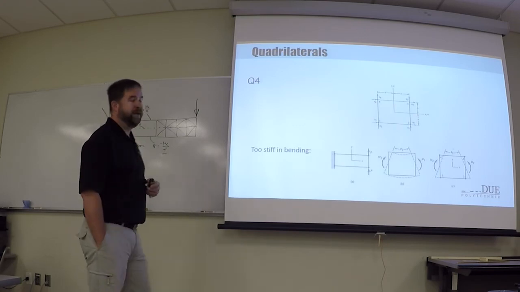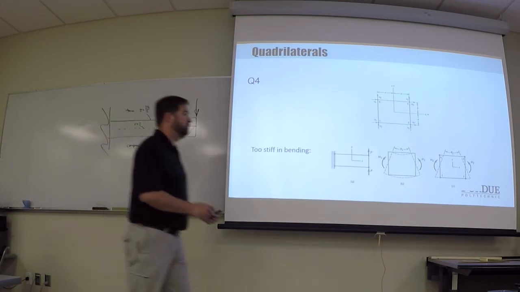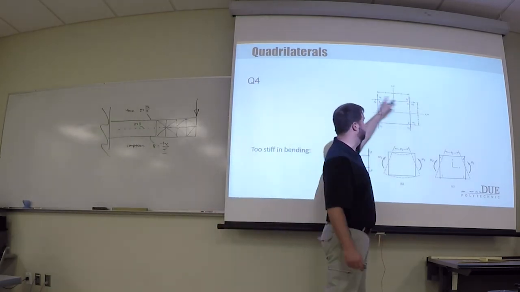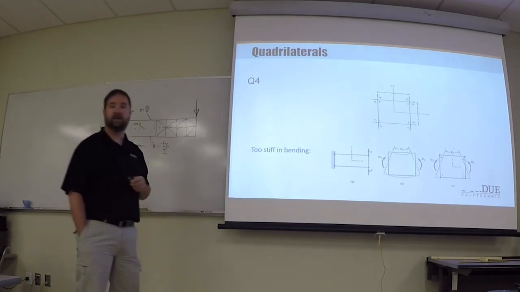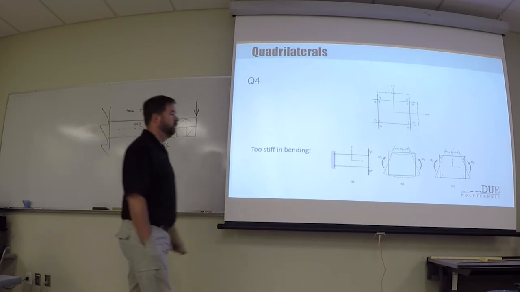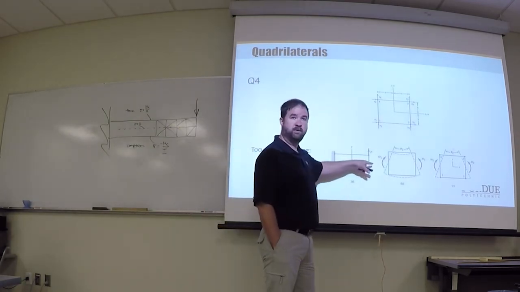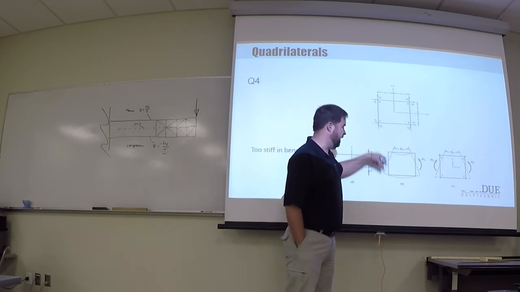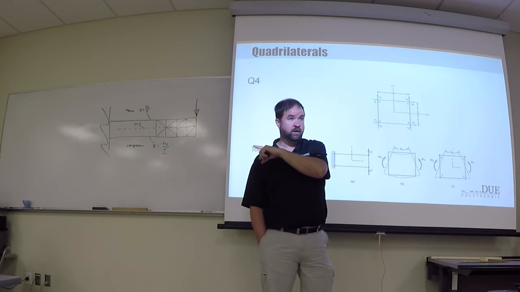For quadrilaterals, we have the same thing. The Q4 has 4 nodes, 1 in each corner of a rectangle. It has similar problems to the CST in that the sides have to remain straight. So if we think about this, when this bends, the sides are supposed to curve in the real object.